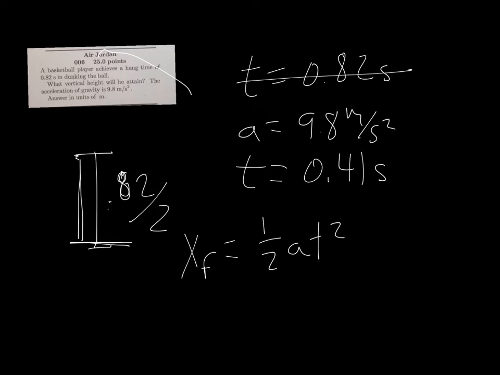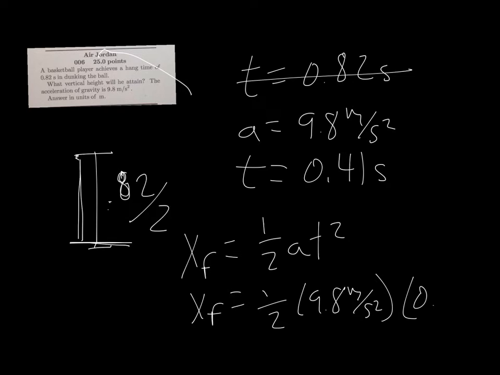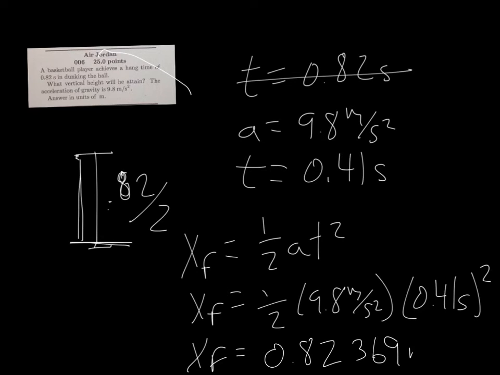All right, so then we go ahead and plug that in, and we get 1/2 times 9.8 meters per second squared times 0.41 seconds squared. And then that gives us an xf, or the height that he would have traveled. All right, there you go.